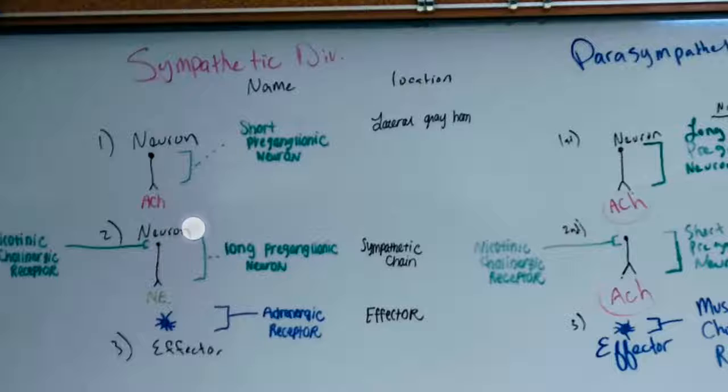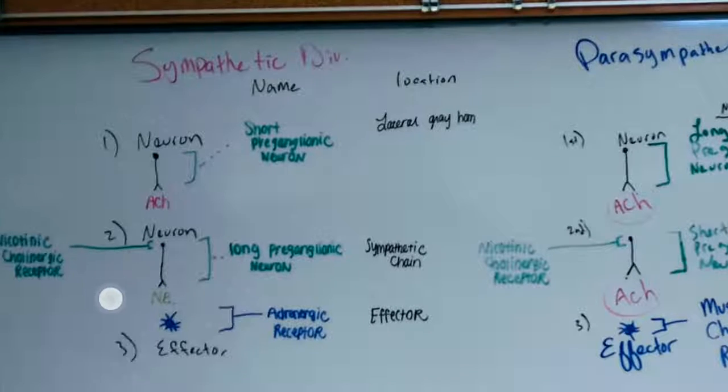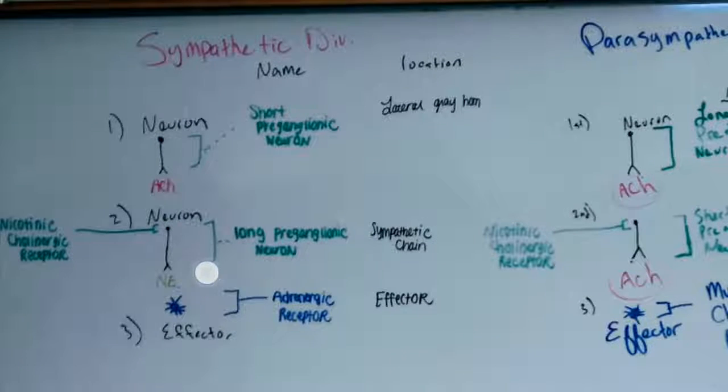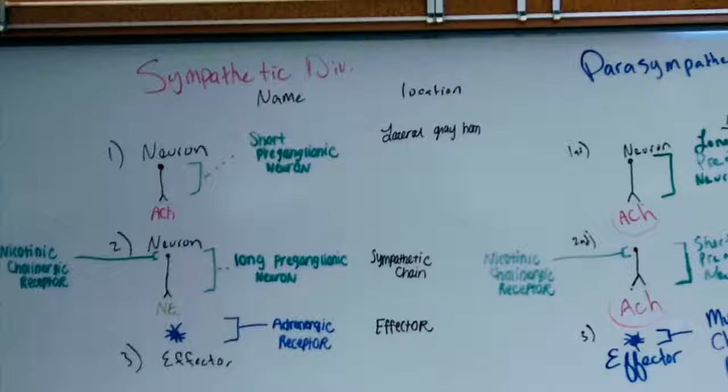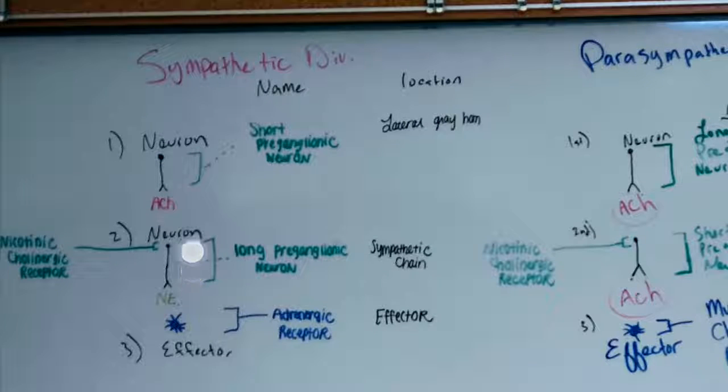The method that the second neuron receives this communication, the acetylcholine, is through some receptors called the nicotinic cholinergic receptors. And then the second neuron secretes norepinephrine. The third part is that the effector receives the norepinephrine, but it needs receptors for that communication to occur, and they're called adrenergic receptors.